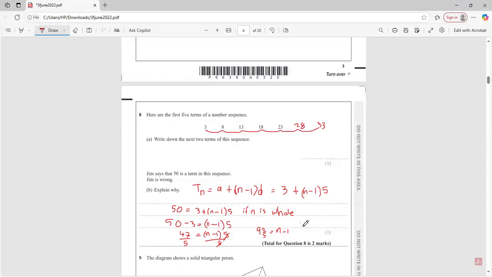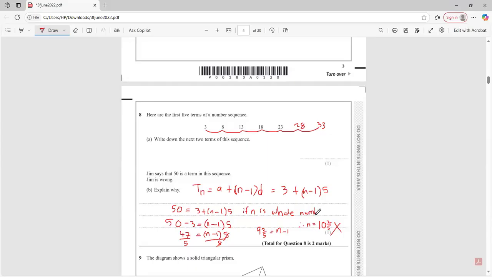So n cannot be a whole number, because n is equal to 9 plus 1, which makes 10 whole number 2 over 5. So you can see clearly that n is not a whole number. That's the reason why 50 cannot be a term in this sequence.